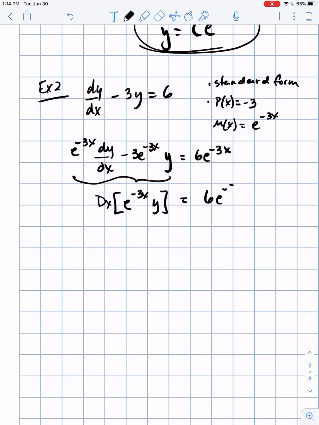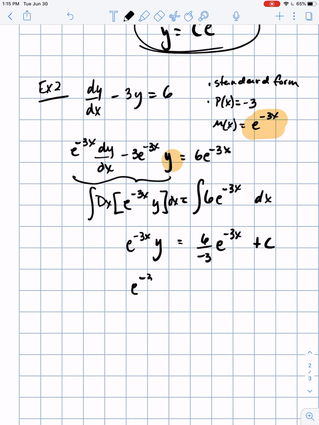And then here we have the right side. So now I want to integrate with respect to x on both sides, and when you do that, the left side is always left with that mu value times y. Over here, the antiderivative is 6 over negative 3 times e to the negative 3x plus c, and we can clean it up: negative 2 e to the negative 3x plus c.